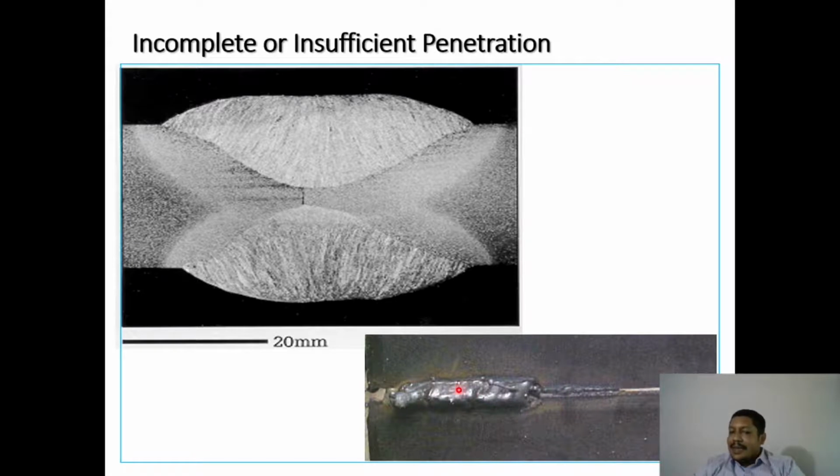As a result, you can see here excessive root reinforcement followed by an area where no root reinforcement takes place at all. That is, the fit up between these two plates is not good enough. So you have to carefully keep the plates in order to ensure proper penetration. You don't need excess, you need a sufficient condition.